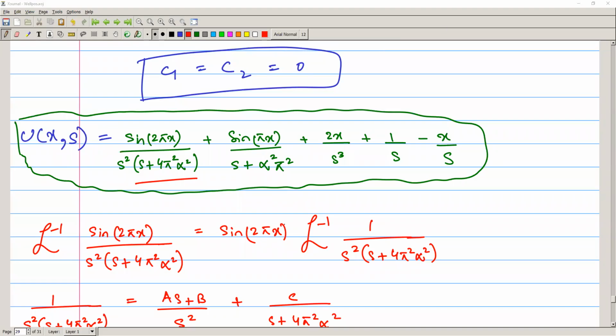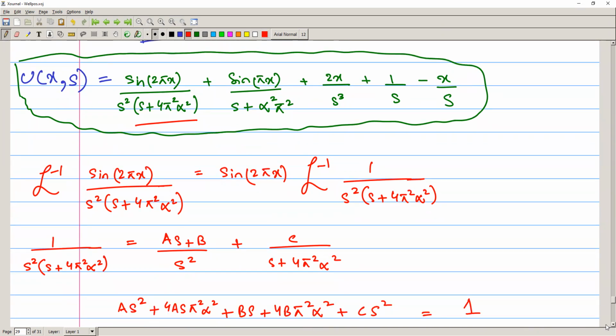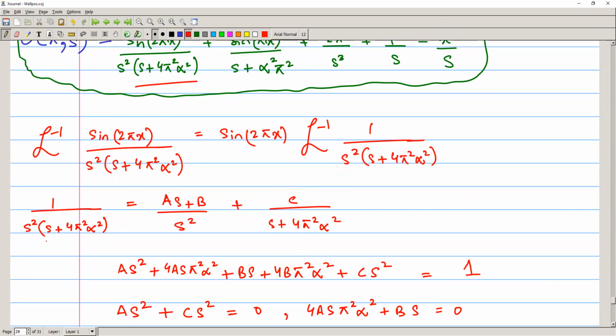So now we can find the Laplace inverse transform of this function by using partial fractions, because we cannot find the transform directly, so we break the function into partial fractions. So here we did in this step: 1 over s squared times s plus 4 pi squared alpha squared equals as plus b over s squared plus c over s plus 4 pi squared alpha squared, right?